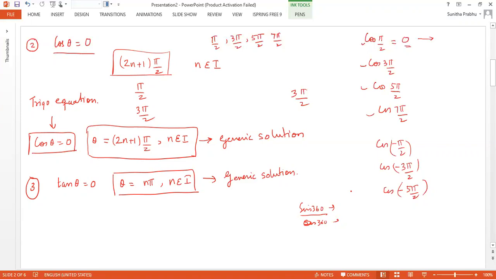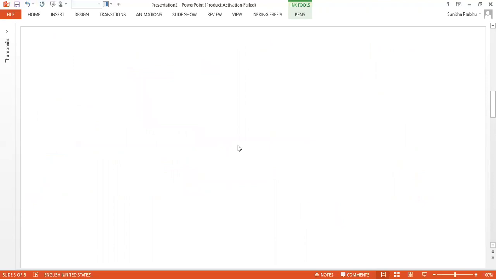Whereas cos theta is equal to 0 means the generic solution is (2n plus 1) into pi by 2, and n again belongs to integers. Please don't take only positive; it is positive as well as negative integers.